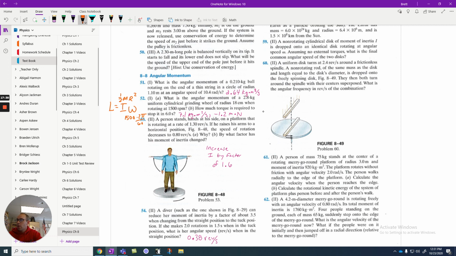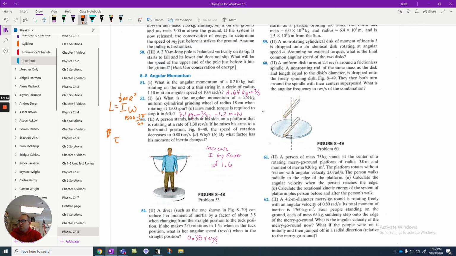But then the second question, how much torque does it take to stop the thing in 6 seconds? Well, one of the definitions we have was change in momentum over change in time would be our torque.